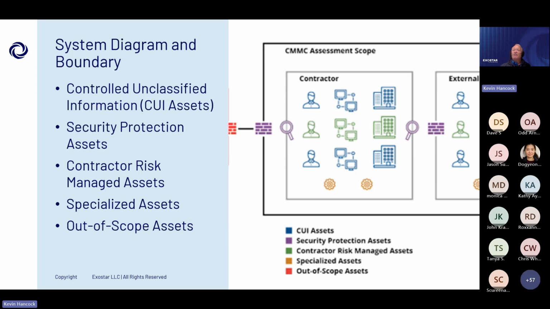You may also have the security protection assets. These are things not necessarily where the CUI is stored, processed, or transmitted, but they may protect it. So for example, firewalls, right? You may have firewall systems that segregate your network into various virtual local area networks.